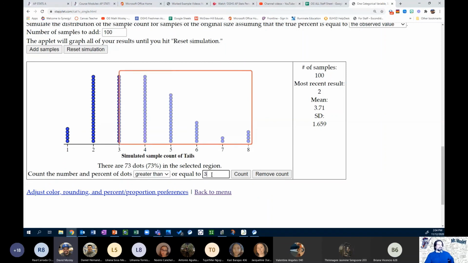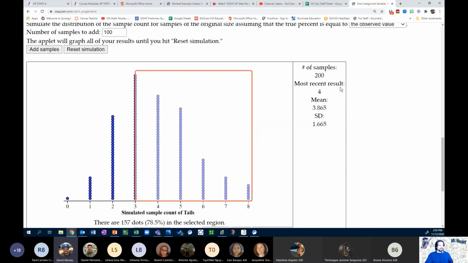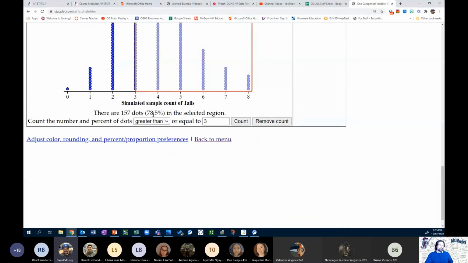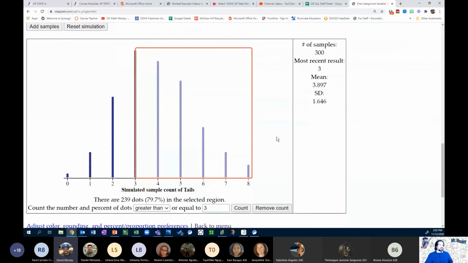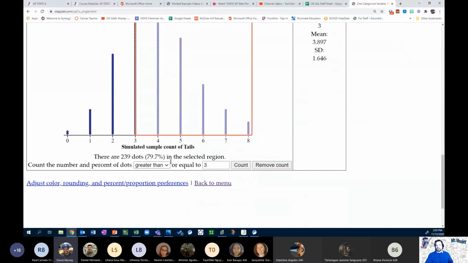But again, we're only looking at 3, and we can easily add more samples and see what changes. You can add 100 more just by saying add samples, and it's still pretty high, 78.5. Add more samples, 79.7. Right? As we add more and more and more, this percentage should change less and less and less, and gets to where we'd expect it to be, or what we would expect.